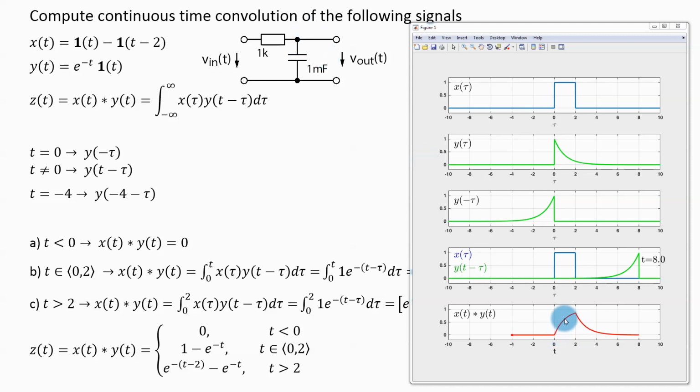This is charging of that capacitor, and it will be charging all the way to the time 2 seconds when this voltage at the input drops, and then this voltage drops, and then the charge in this capacitor will start to flow through this resistor, and it will discharge again back to 0. And that is what you can see here. This is the capacitor discharging back to 0. So this is how the convolution is connected to real world continuous time systems.